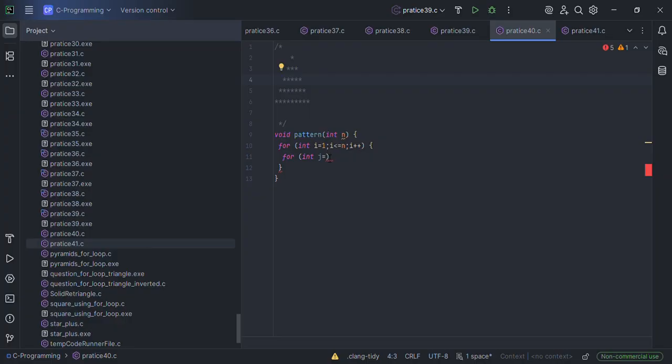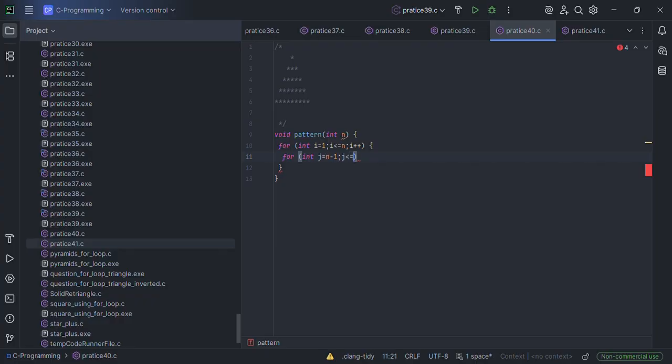Okay, trying four spaces, which is n minus one, J should be less than or equal to one. Okay, so this row should be at least four times.